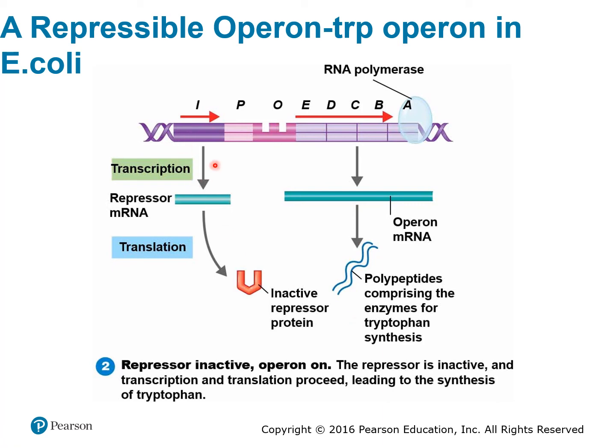Now, as I said, the regulatory gene usually encodes a repressor protein, but usually those repressor proteins that are made are actually inactive, and therefore they are not blocking and they're not turning off this operon. And so therefore, continuous production of the proteins needed to make tryptophan continues to take place.